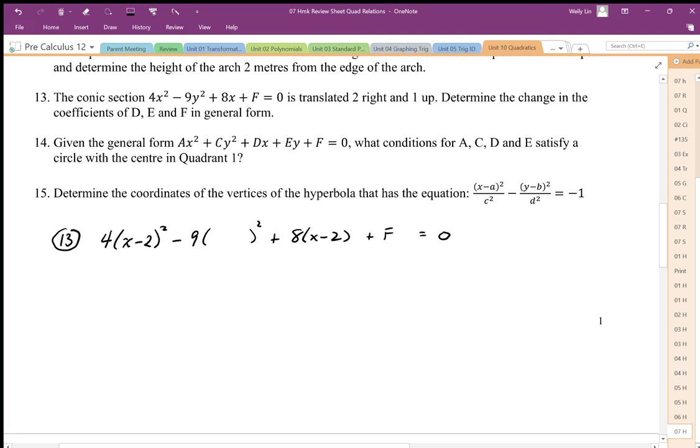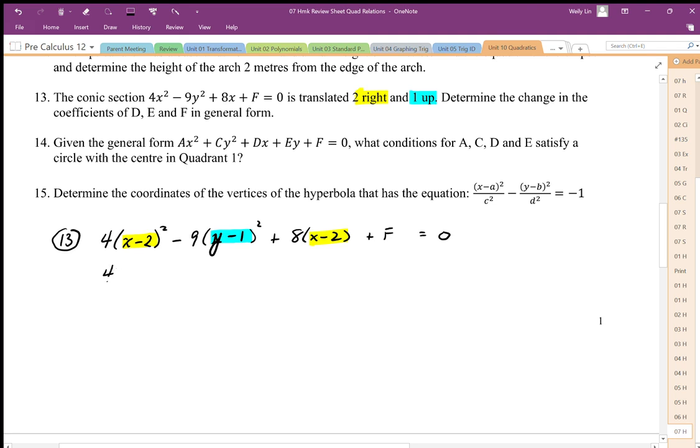And then I'm just going to highlight that. So there's my transformation of 2 to the right, and my transformation of 1 up is going to show up in here only. So then I'm going to plug that in, y minus 1.